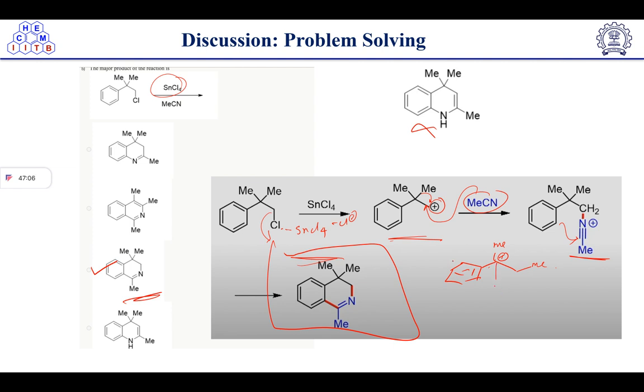Now from here attack will take place. But do you know what is the problem in this case? A 1, 2, 3, 4 member ring formation will take place, and we all know that a 4 member ring is more strained. So due to this strain, carbocation stability goes down. So that's why strain will not result in a product formation. That's why we are getting the 6 member product formation.